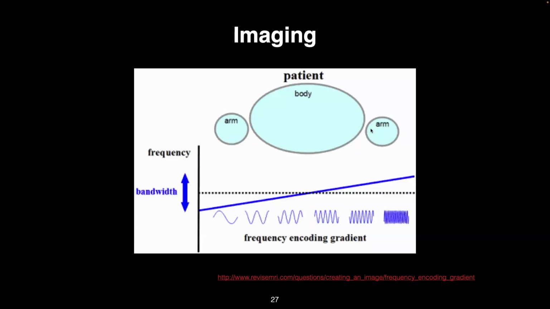On the other side, where the gradient field is adding, or is in the same direction as the main field, the protons on this side of the subject are precessing faster. So now you have this other dimension of frequency variation.